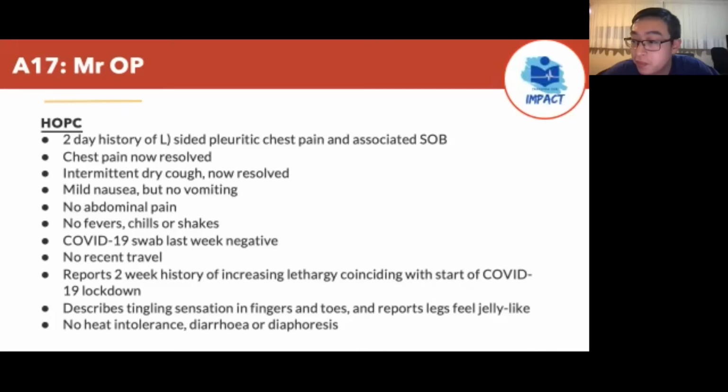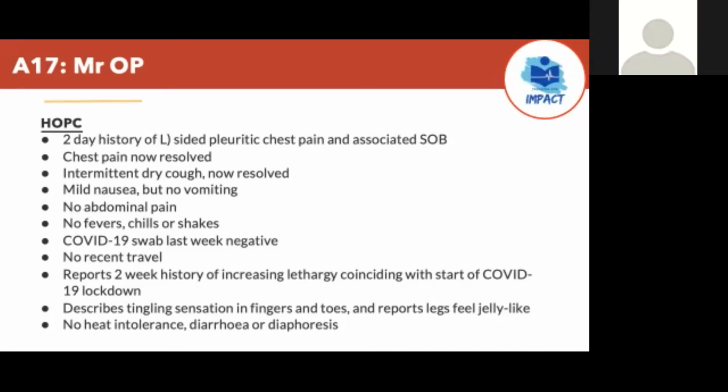Yep. Anxiety related. Yep. Yeah, we're thinking functional. Oh, malignancy. Sybil, can you talk through that? Why do you think malignancy? I'm not sure.